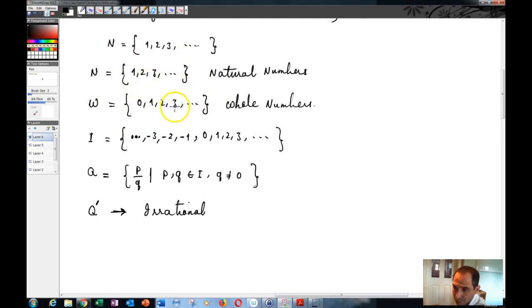So natural numbers are already in here, whole numbers are already in here, and integers are already in rational numbers.